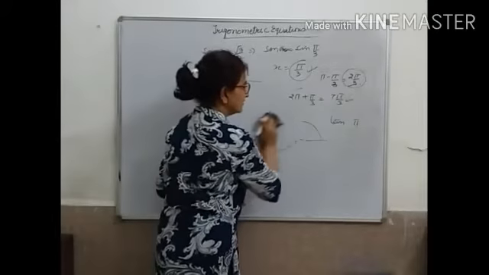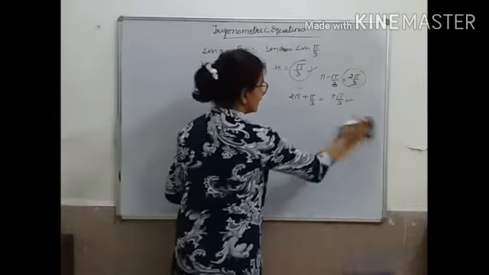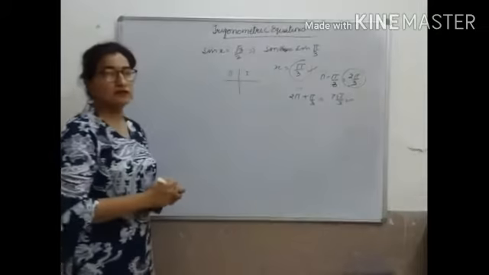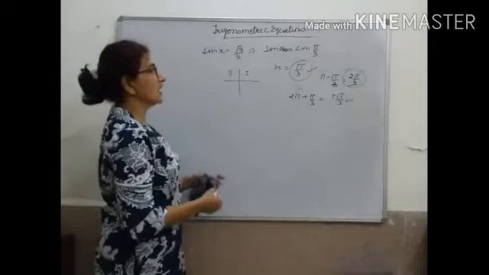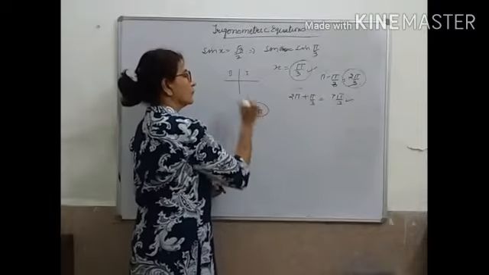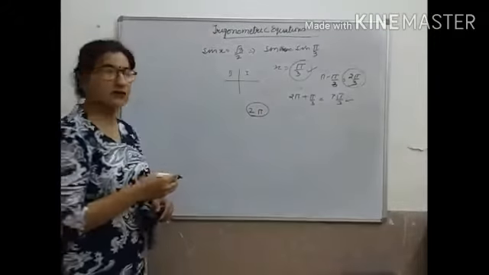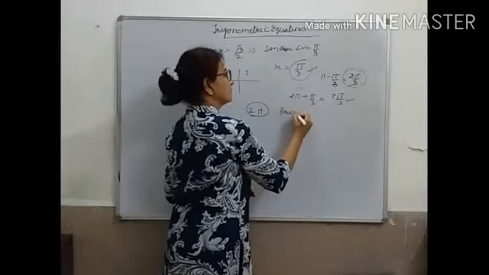So what we decided is, because everyone will say this is my answer, and all answers are correct, somewhere we have to fix some kind of convention. So what is done is, up to 2 pi, whatever values come for any particular angle, we call them principal values.